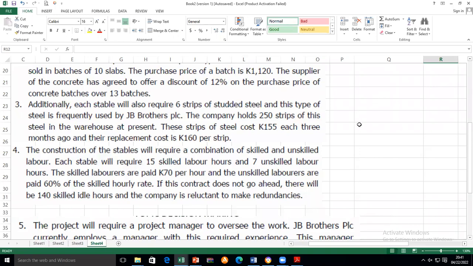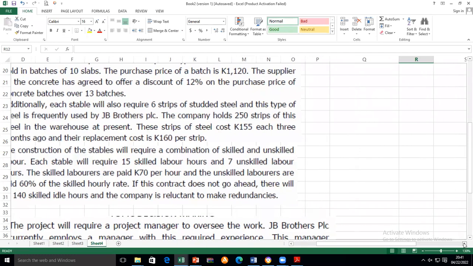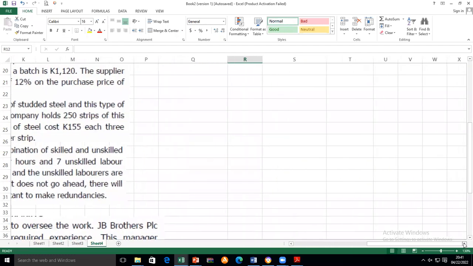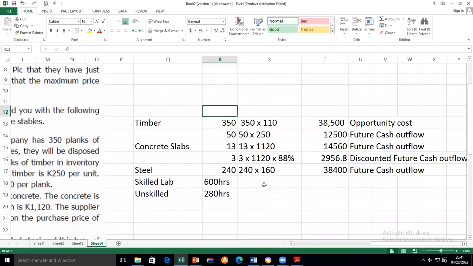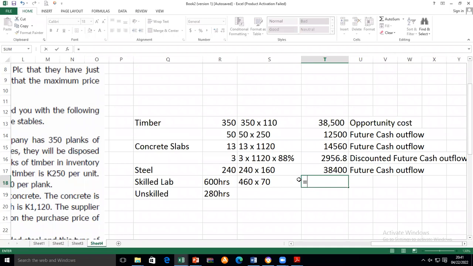Please, can you remove the 140 from 600? 460. Yes, 460. So these 460 are the only ones that you are going to pay. And what is the rate of pay for this 460? 70 per hour.